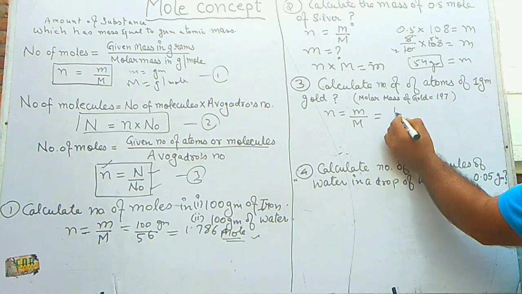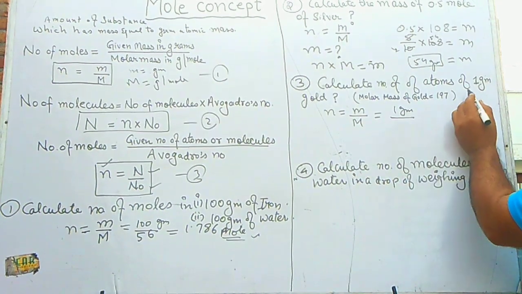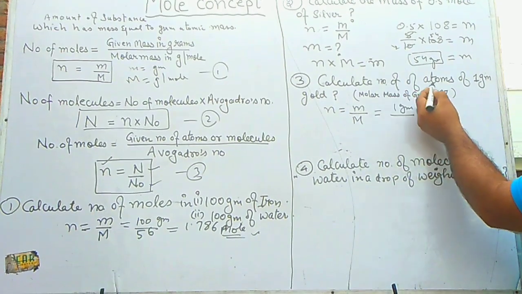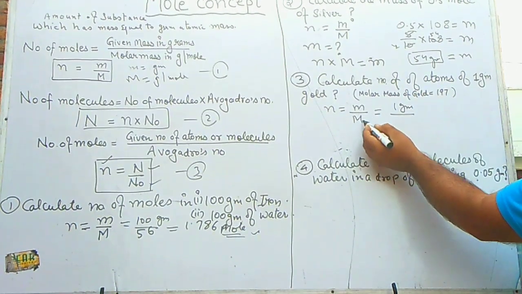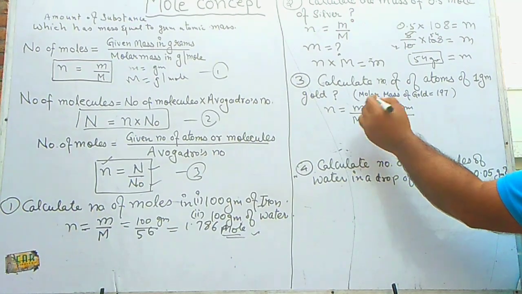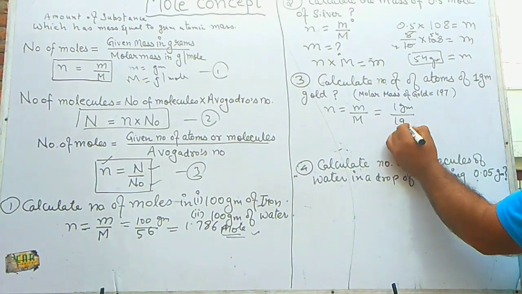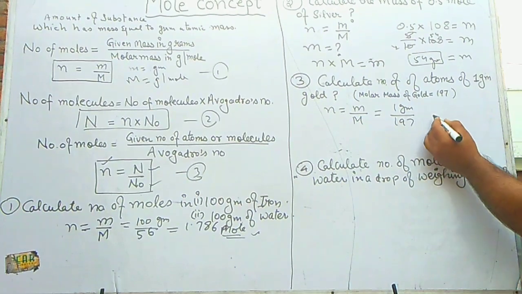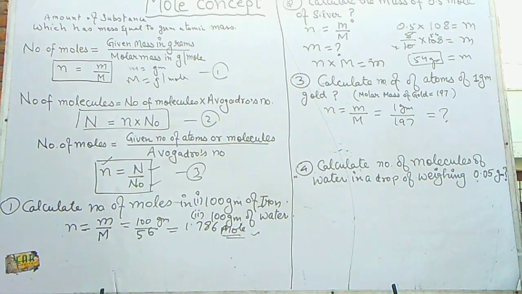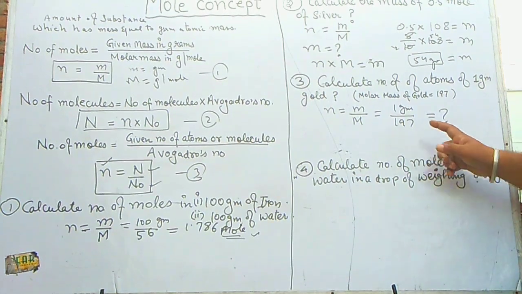So 1 gram is the mass in gram, and capital M is the molar mass in gram per mole, that is 197. We divide 1 by 197 and we will get the answer.